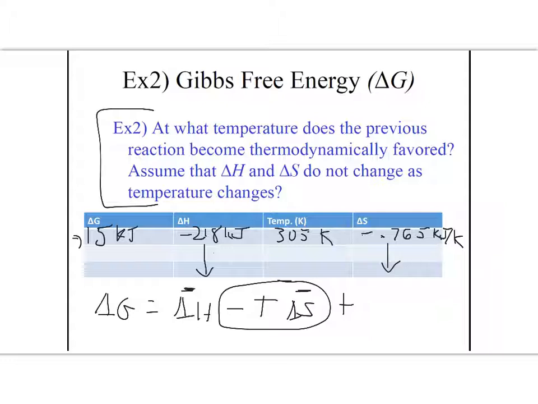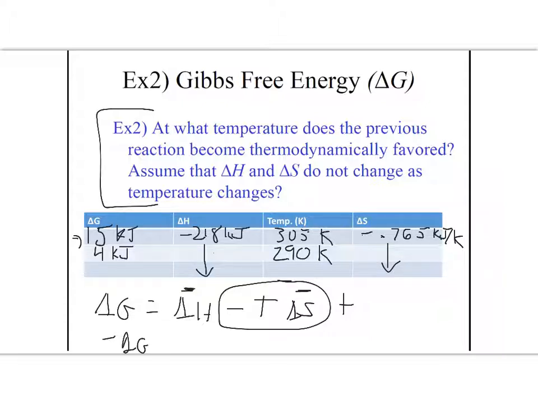And our delta H, of course, is negative. We want to find a negative delta G, so that we can figure out it's thermodynamically favored. So is the temperature going to need to go up or down to get thermodynamically favorable? In this case, we need to find that the temperature goes down.